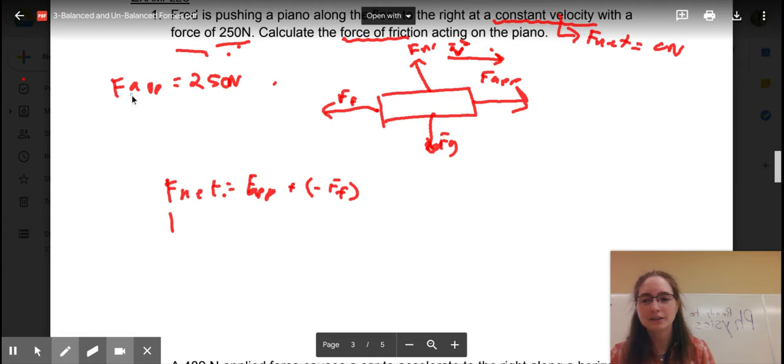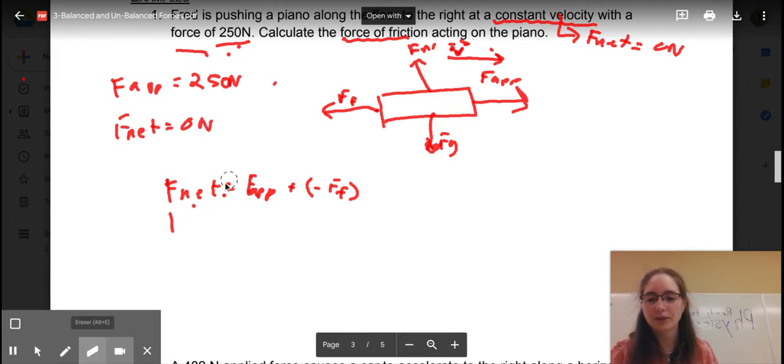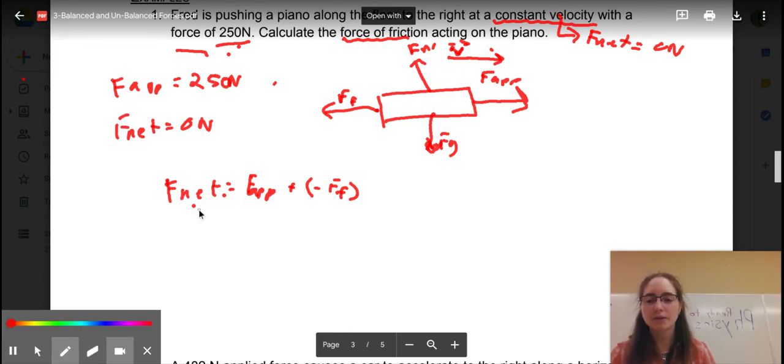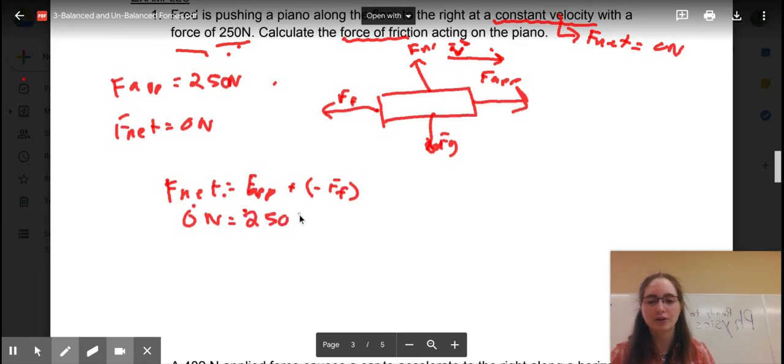Our Fnet, which we learn from that word constant velocity, is 0 newtons. So I'm going to replace my Fnet with 0 newtons, and my force applied with 250 newtons, and it's equivalent to minus my force of friction.